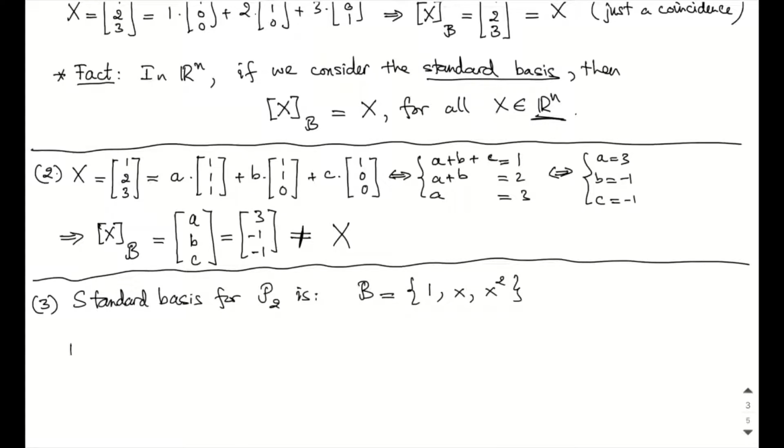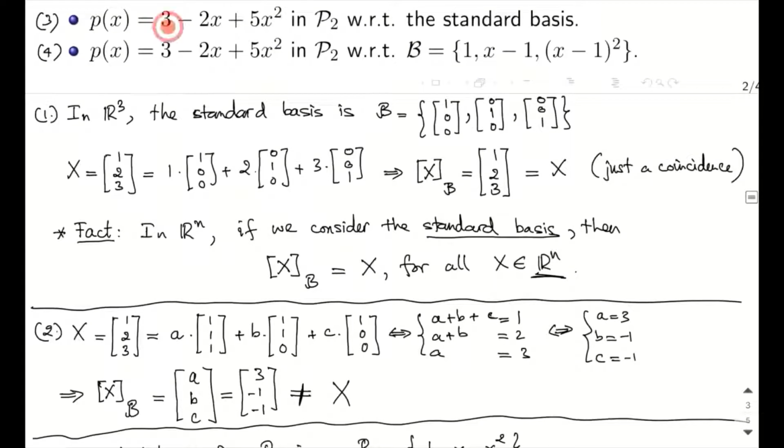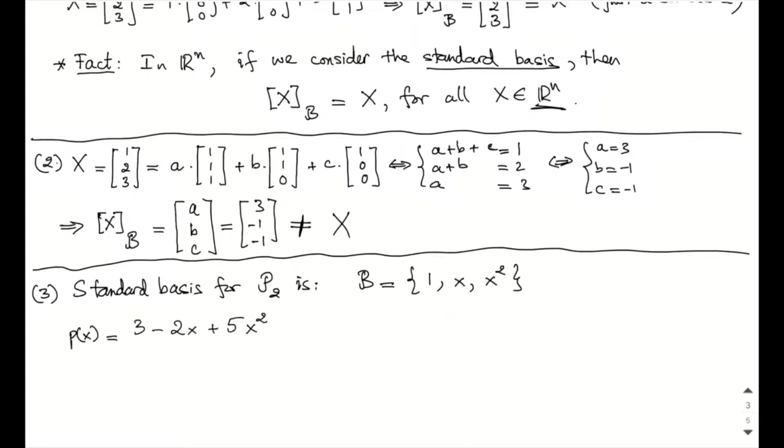So P of x that was given to us is 3 minus 2x plus 5x squared. Now it is obvious that if you denote these as P1, P2, P3, then P of x is going to be 3 times P1 plus -2 times P2 plus 5 times P3.